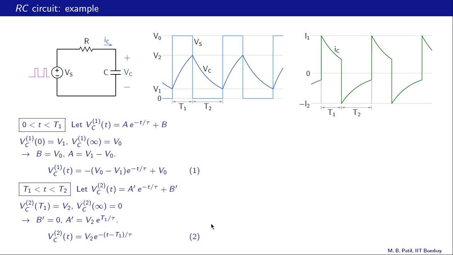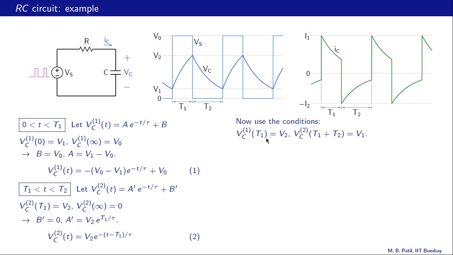And notice that our job is not done yet because we have these unknowns V1 and V2 here, and we need to figure them out. And to find V1 and V2, we can use these conditions here. What do they say? Vc in phase 1 at t equal to t1 is equal to V2. This is Vc in phase 1, and at t equal to t1, that is this time point here, we have Vc equal to V2.